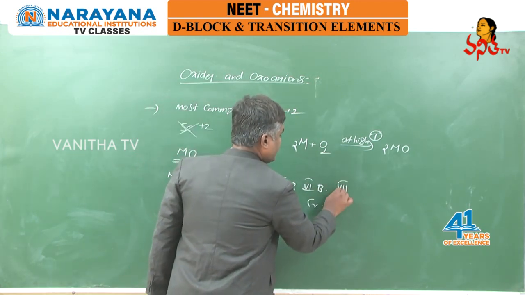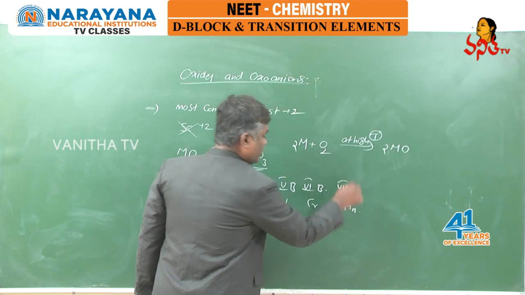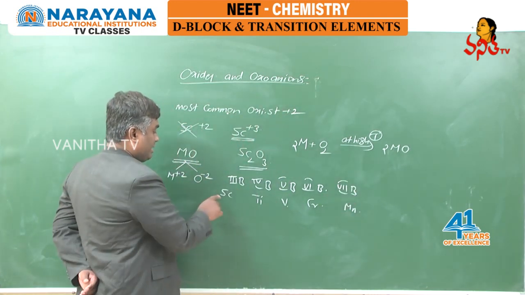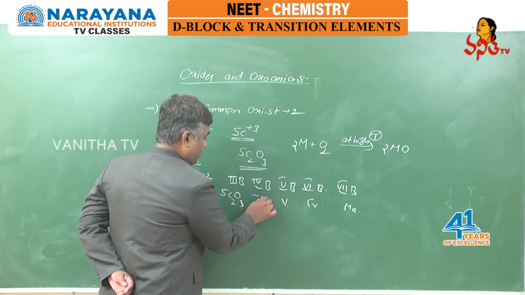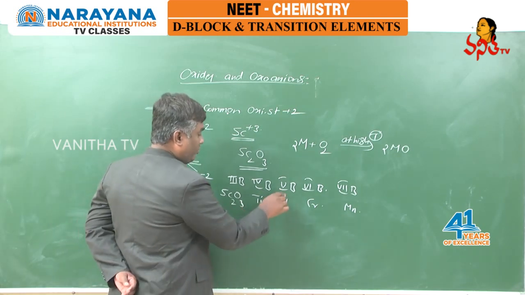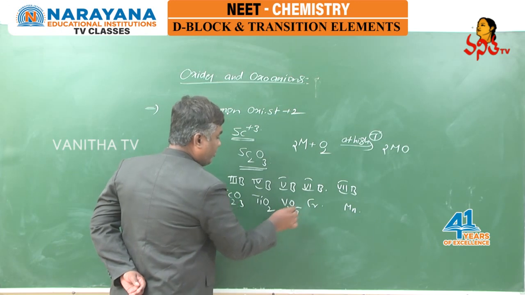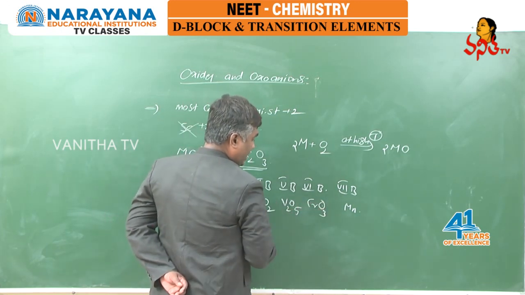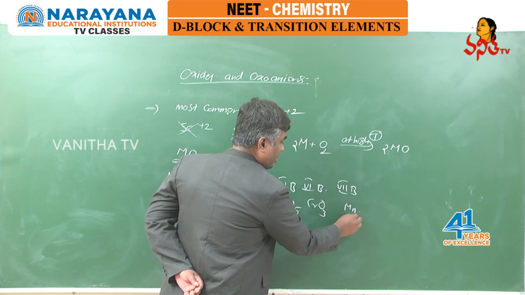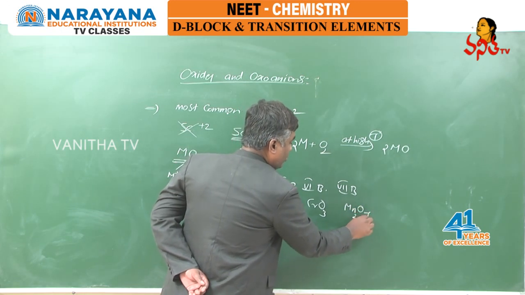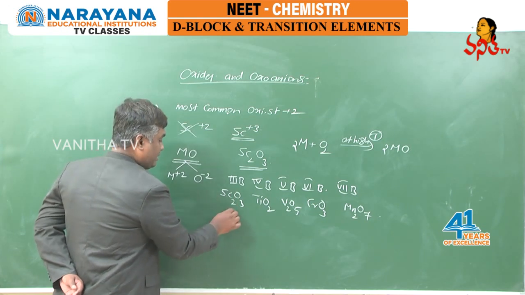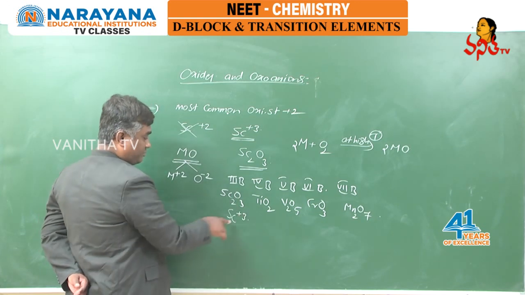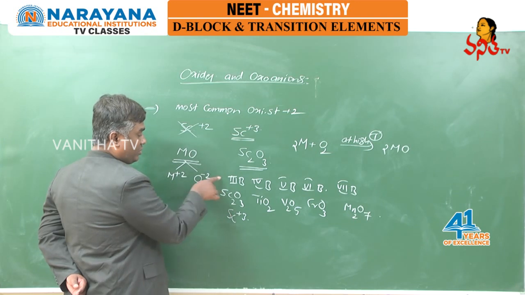After that, 7th B, manganese also you can have, students. And here scandium is forming Sc2O3, titanium forms TiO2, vanadium forms V2O5, chromium forms CrO3, manganese is forming Mn2O7.